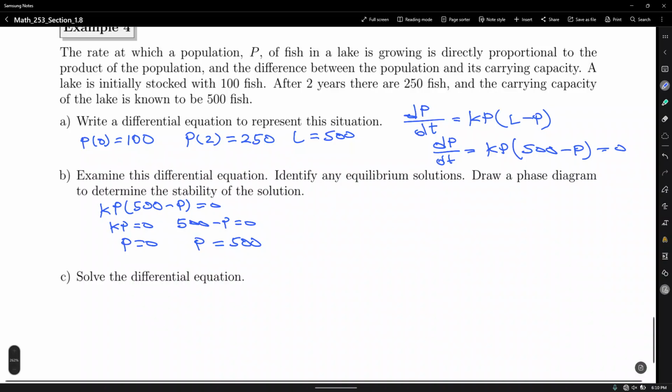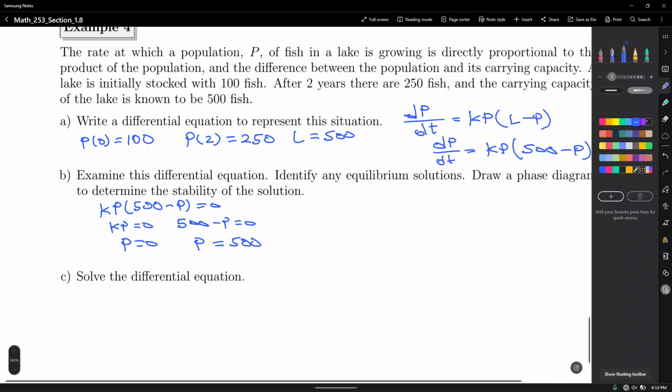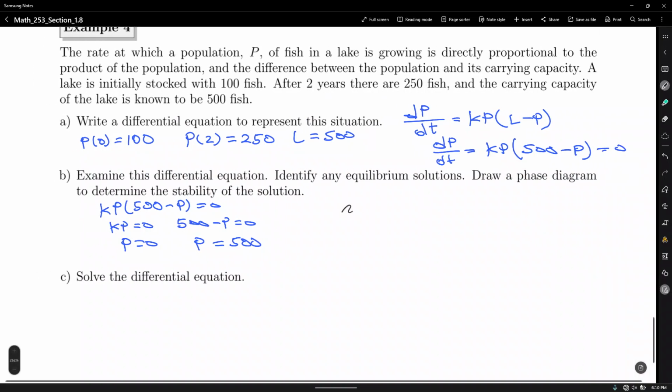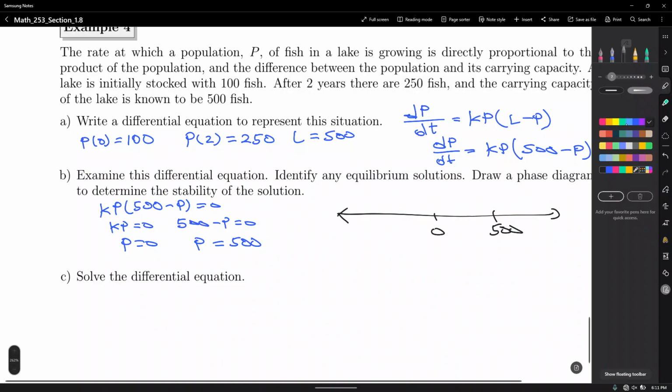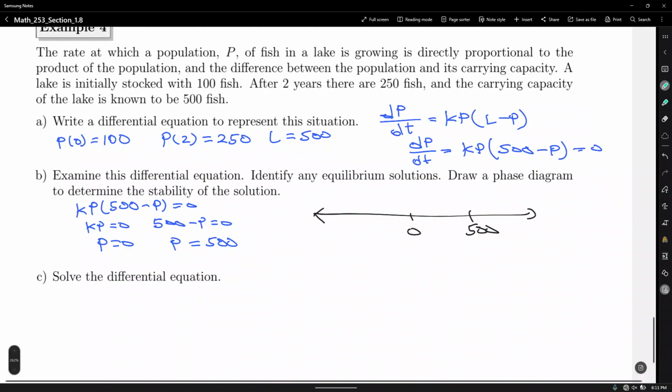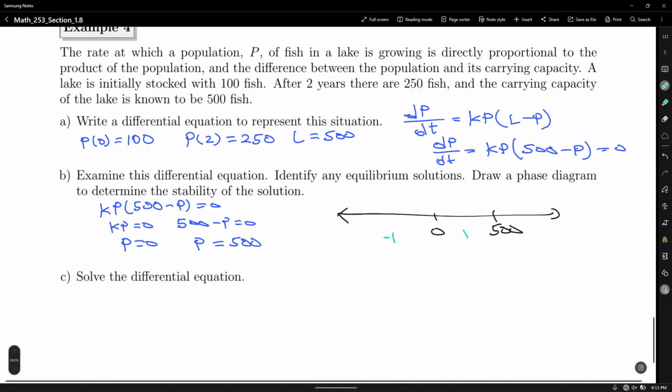So, phase diagram. Let's plot the critical values, 0 and 500. And let's test some values: say -1, at +1, and at 501.